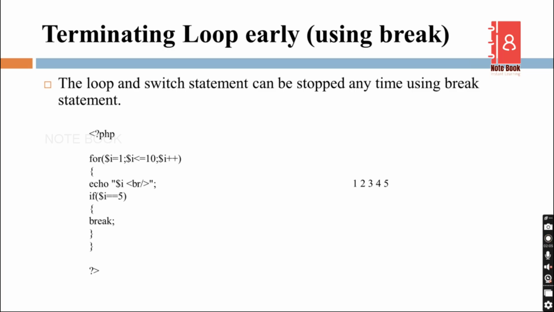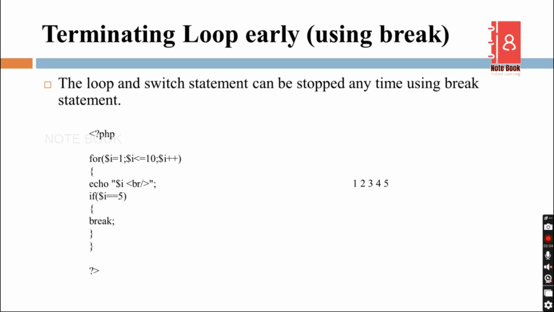Terminating a loop early using the break statement. The loop and switch statement can be stopped anytime using the break statement. You can look at the PHP script where for $i is equal to 1, $i less than or equal to 10, and $i++. In the echo statement we print $i; if $i is equal to 5, then break. So what will be the output?